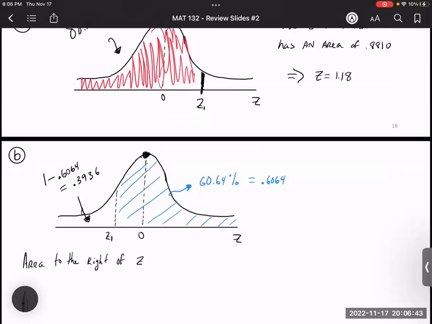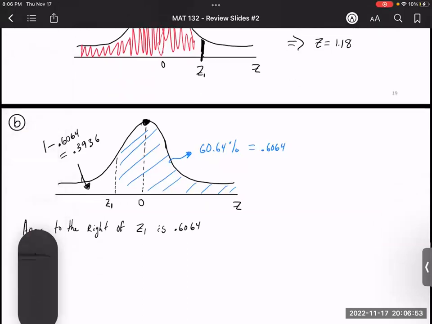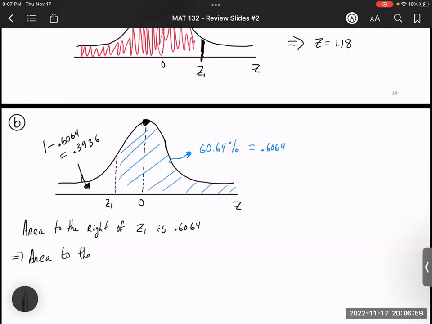There you go. So the area to the right of Z1 is 0.6064. That's what we first established from the picture. But because I need to use the Z table, we say that the area to its left is 0.3936.